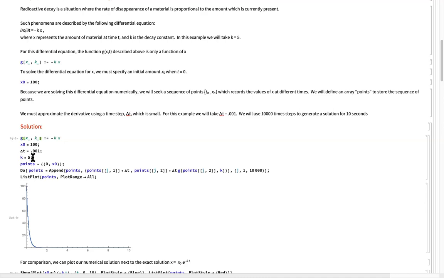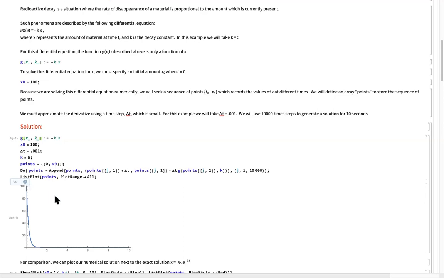I specified delta t, and k was just a constant. I'm going to choose a value just to work it out. And then I created an array, a list, which I initialized. So at the start, it just has the initial time and value of x, which is x naught specified above.